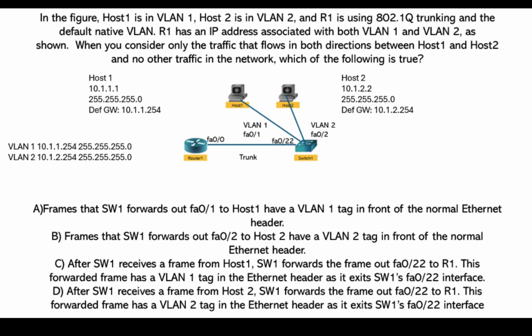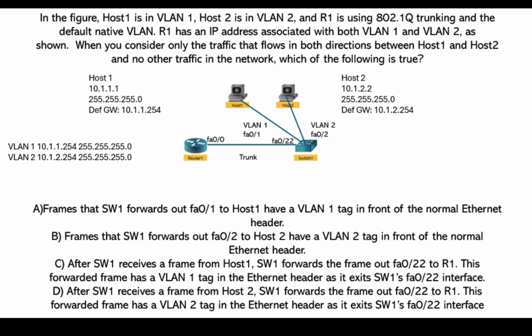R1 has an IP address associated with both VLAN 1 and VLAN 2 as shown. So you've got these on the side: VLAN 1, 10.1.1.254, 255.255.255.0, and VLAN 2, 10.1.2.254, 255.255.255.0. Host 1's IP address and host 2's IP address are listed.